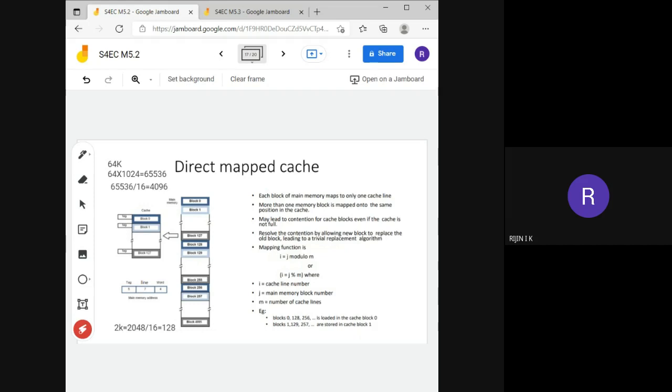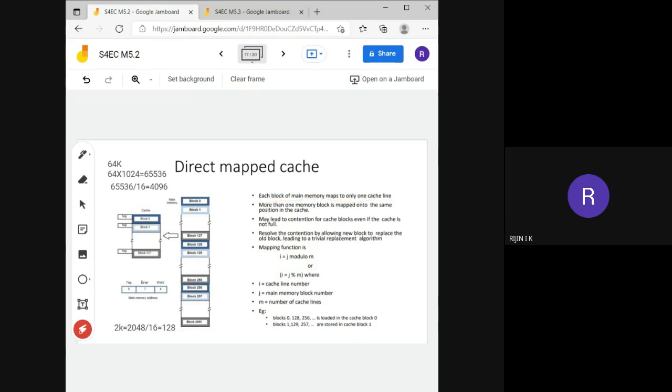But in some cases there may be a situation. Suppose a processor is requesting block 128, but in this cache memory block 0 is already occupied. Even if all the remaining cache lines are free, the cache block 0 has to be replaced with block 128, because in the direct mapping technique each block of main memory maps to only one cache line.